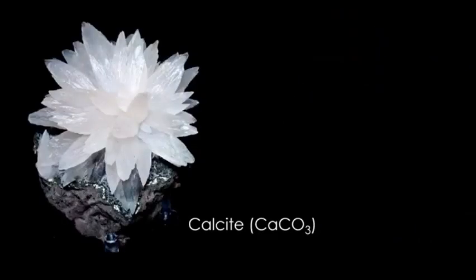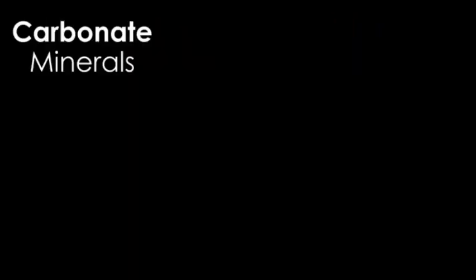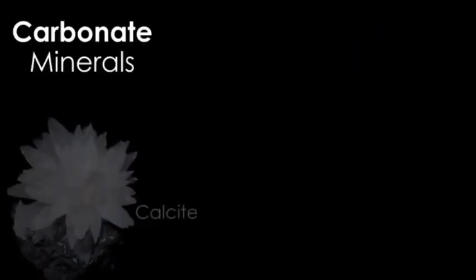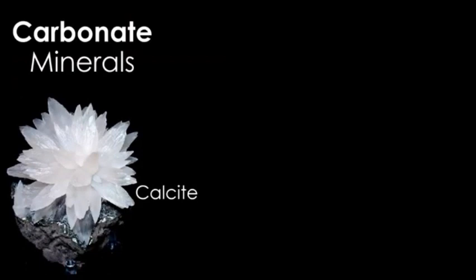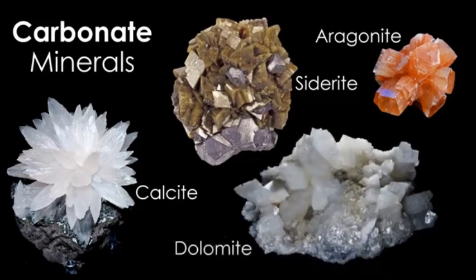Calcite usually makes up 50% of a limestone or more. Calcite is just one of many minerals in the carbonate mineral family. Some of the other important minerals in this group include aragonite, siderite, and dolomite.